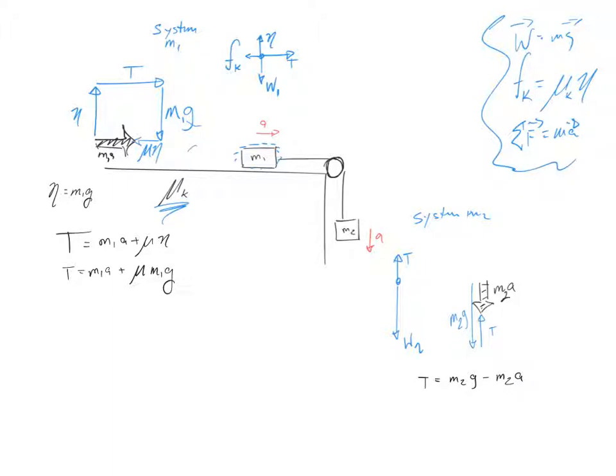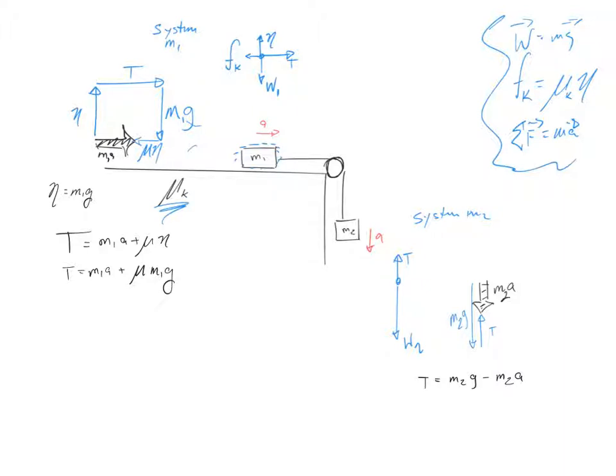You see how I get that out of my vector sum diagram? Do you guys all see that? I literally look at the vectors and I'm making an equation out of the relationships I see with the lengths of the vectors. I could have written M2G is T plus M2A. It's the same thing. You guys good? But I knew I wanted T.